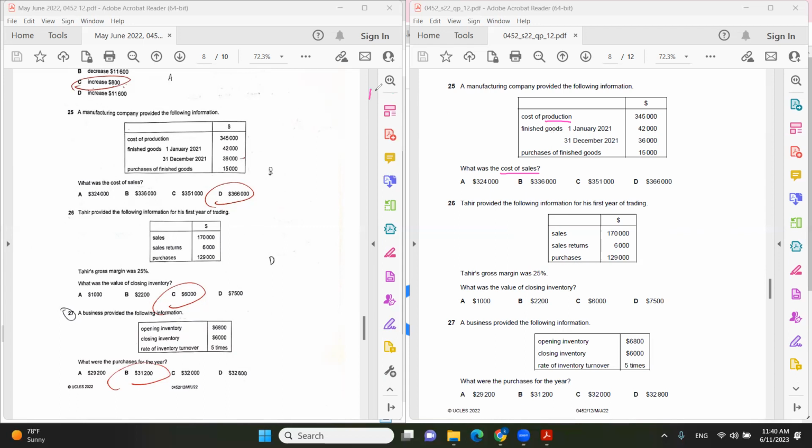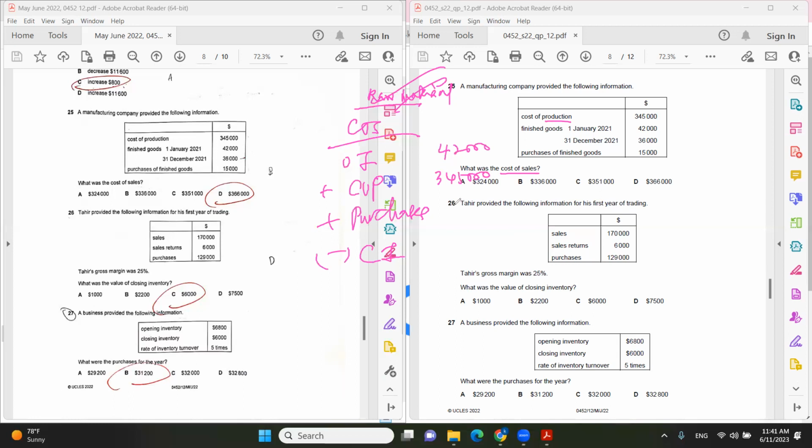Purchase of it. We start from the raw material, no need. Here they ask for cost of sales. Cost of sales is opening inventory plus cost of production plus purchases minus closing inventory. So our finished good is 42000, and our cost of production is 345000.